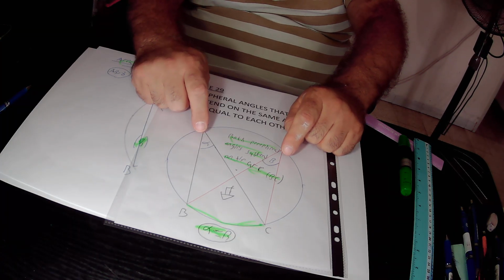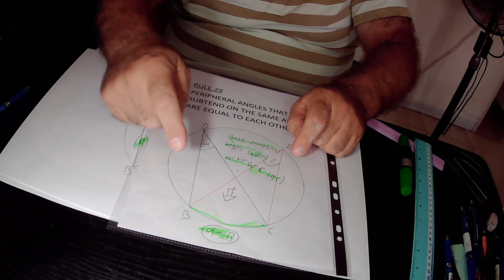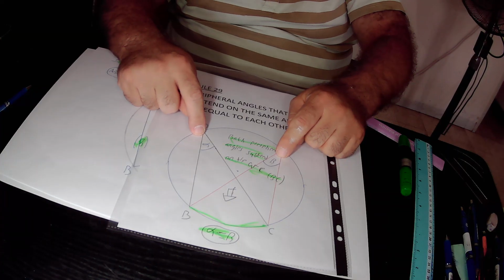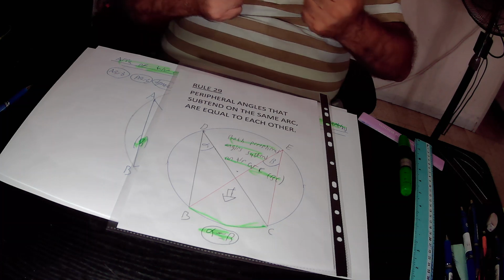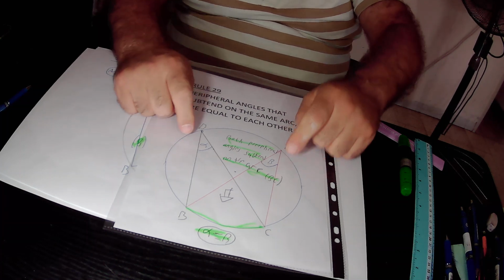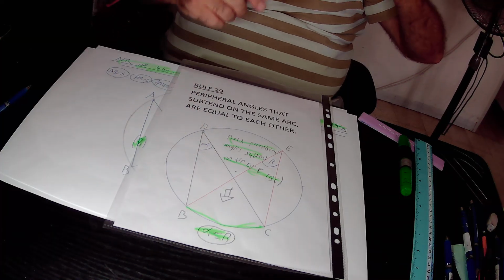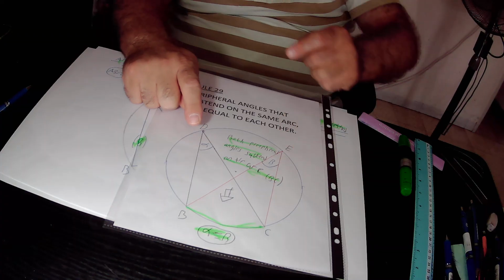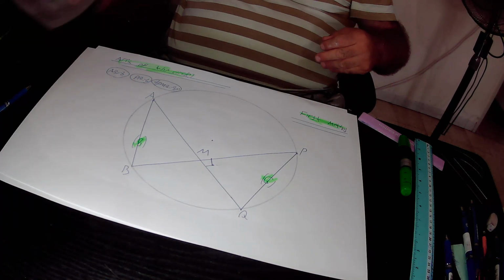This is to say peripheral angle BDC is equal to peripheral angle BEC, or alpha equals beta. To repeat again, according to Rule 29, if two peripheral angles subtend on the same arc, they must be equal to each other in their sizes. In this case, angle alpha must be equal to angle beta. So we can actually implement Rule 29 in our drawing.